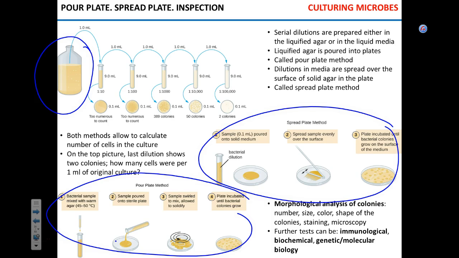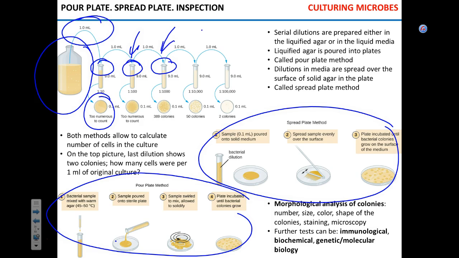So how do we do it? Take a certain volume of that culture and dilute it a certain number of times, say 10 times. Then we take 1 milliliter of that first dilution and dilute it another 10 times. And then we dilute the second dilution another 10 times.